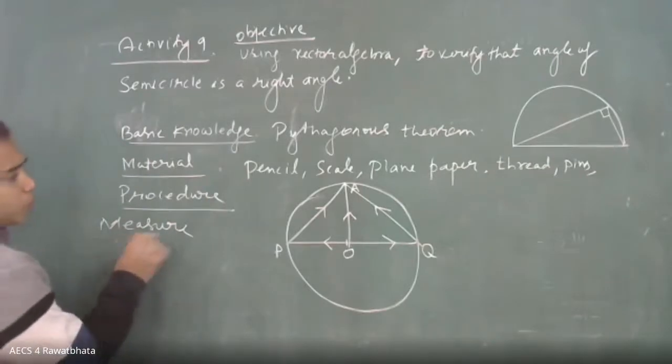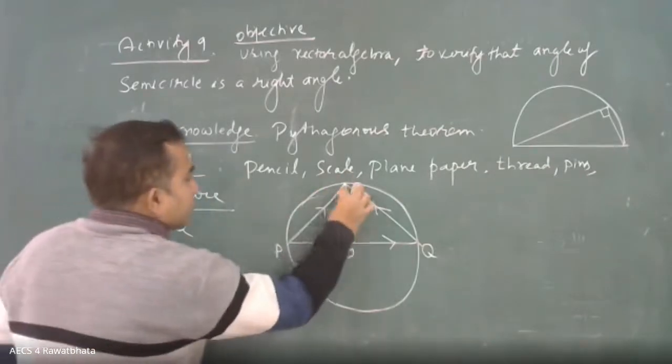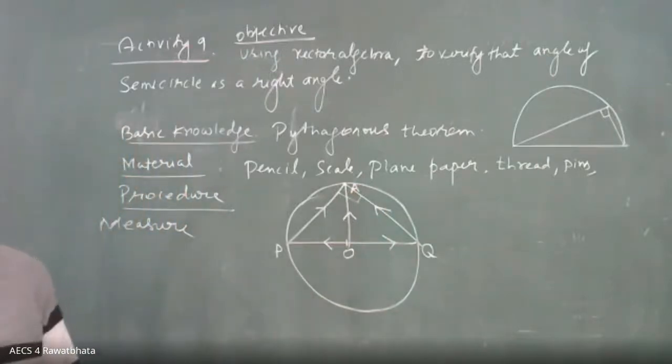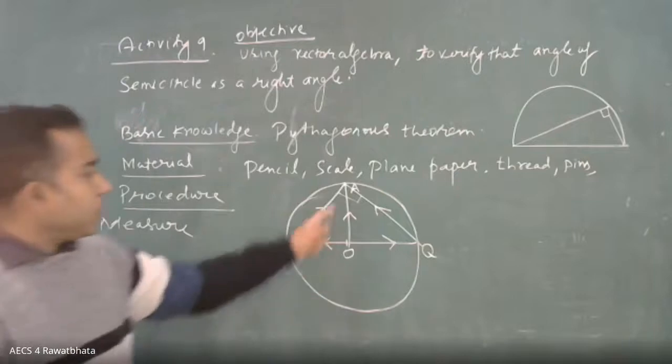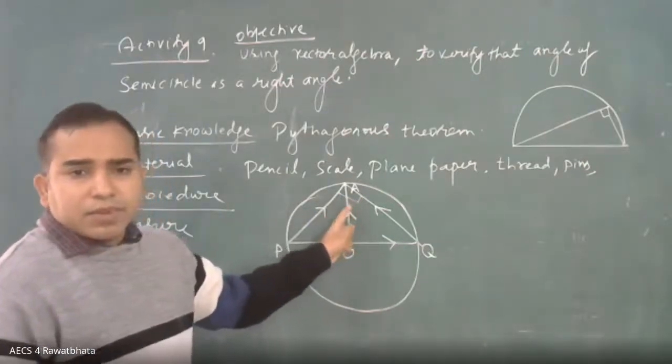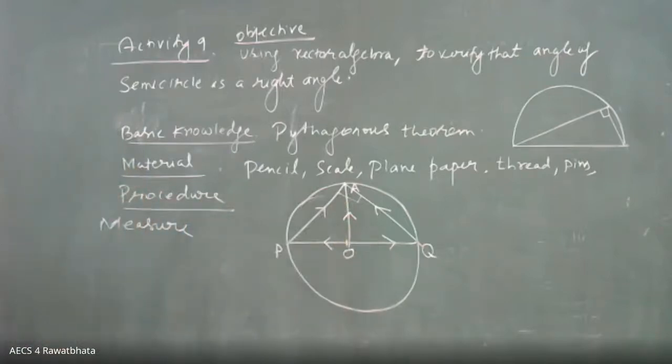You need to establish that this is 90 degrees, right? So what sides you need to measure, students? Dev, what sides we need to measure? If I want to prove that this is 90 degrees, you will have to establish Pythagoras theorem.